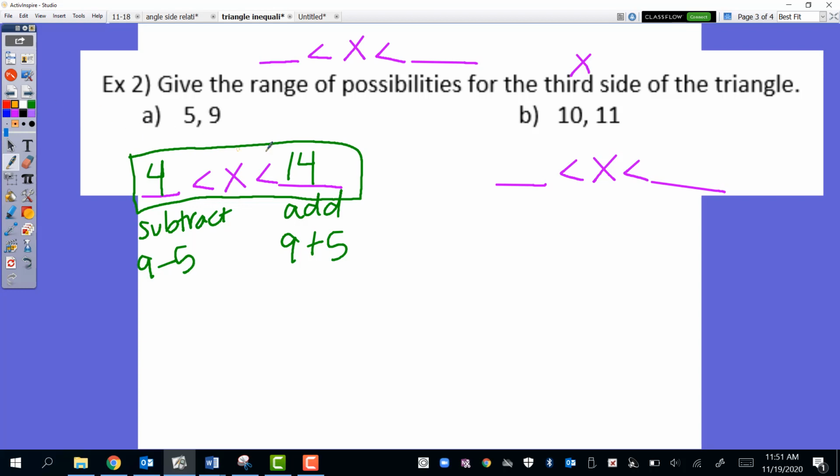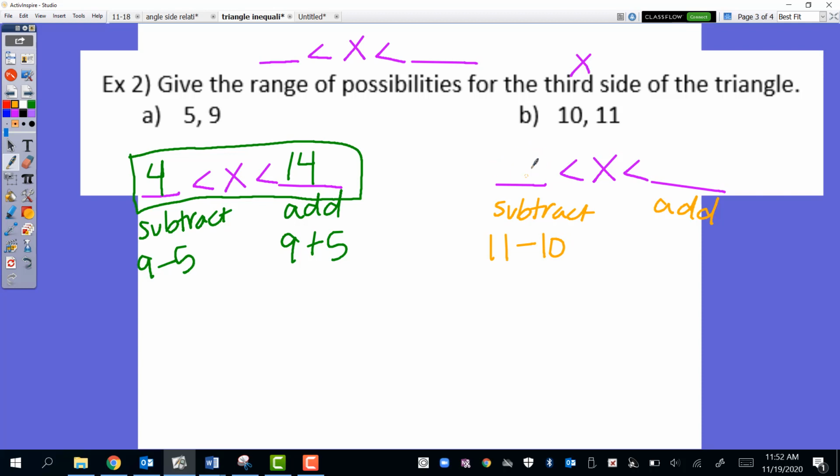Let's try another one. So on this one, if my two sides are 10 and 11, what could the third side be between what numbers? So I'm still doing the same thing. To get the smallest, I subtract. And to get the largest, I add. So when I'm subtracting, am I going to do 10 minus 11 or 11 minus 10? Well, I'm going to do bigger minus smaller. 11 minus 10.